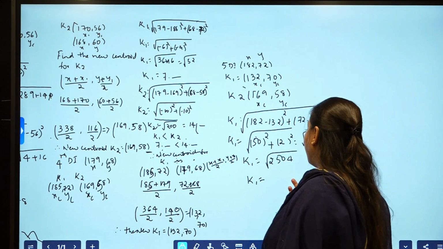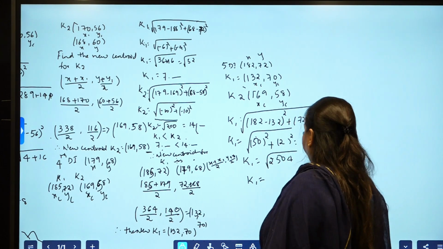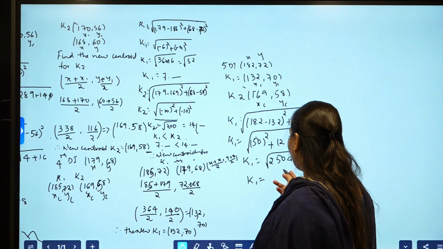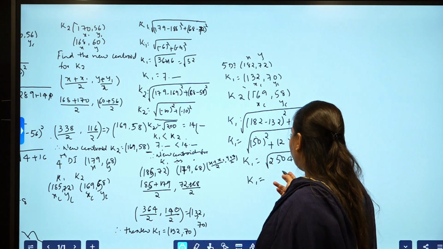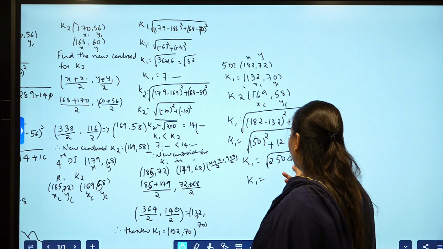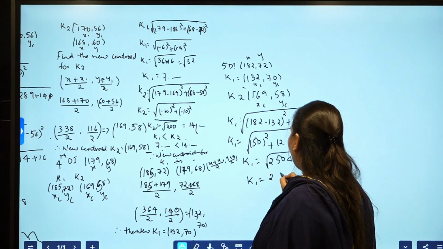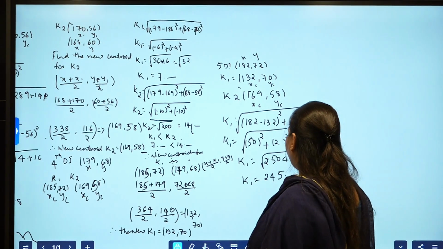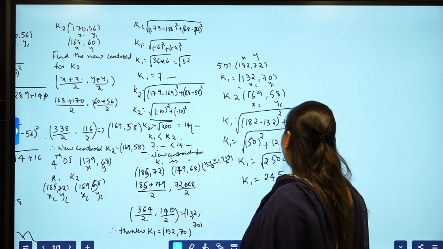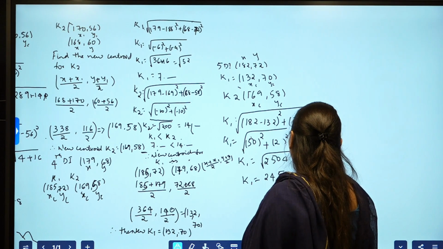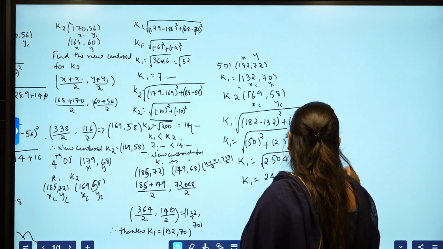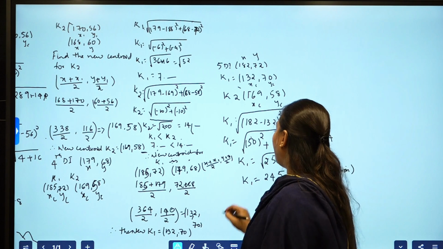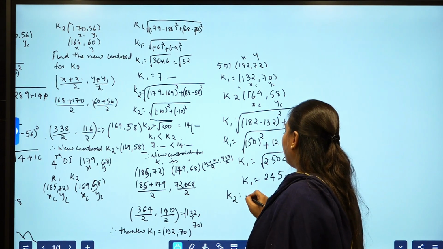How do you find the nearest value for this? 50 square is 2500, so let's assume something around 245 point something. I am assuming it. This is just an assumption value. You calculate it by yourself. Next I will be calculating with K2.